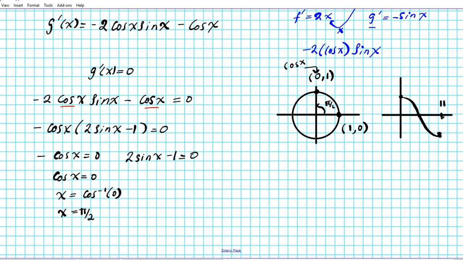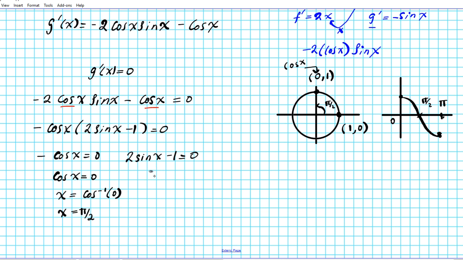This is pi right here, so this is pi over 2. What does this graph help you to see? It helps us to see that cosine of pi over 2 is 0, so the inverse cosine of 0 is pi over 2. So x is equal to pi over 2.